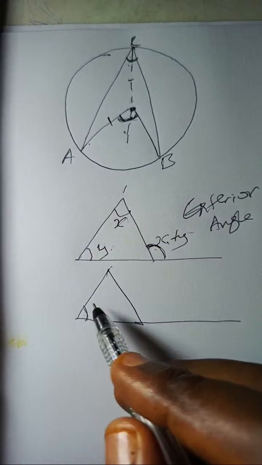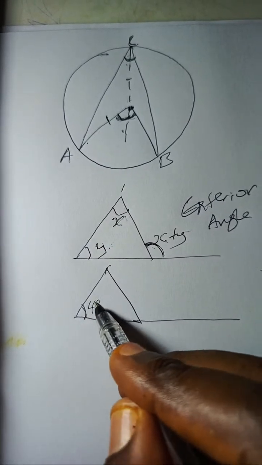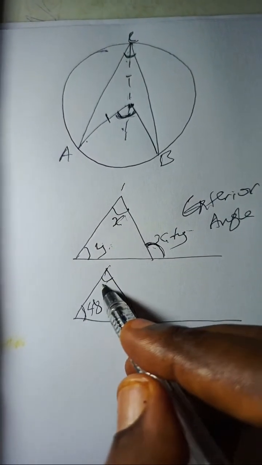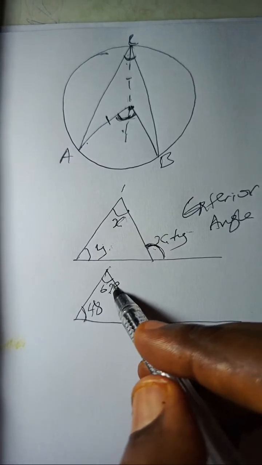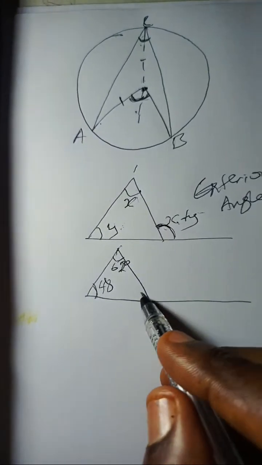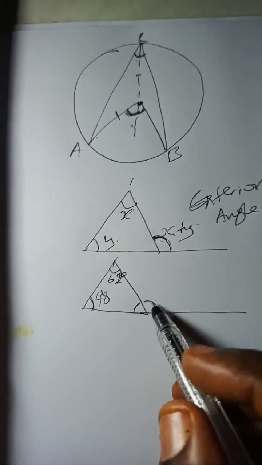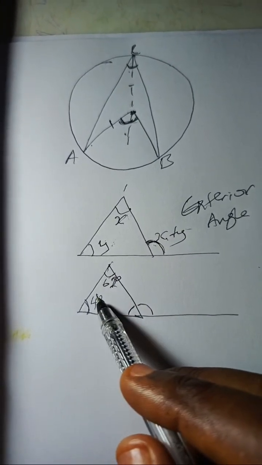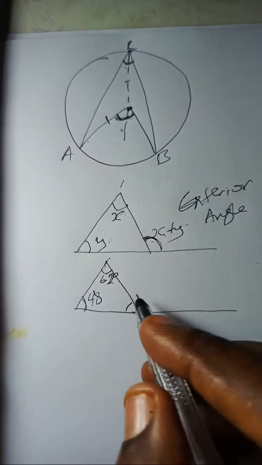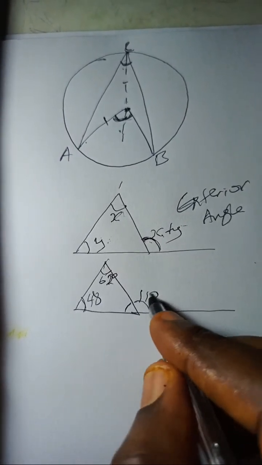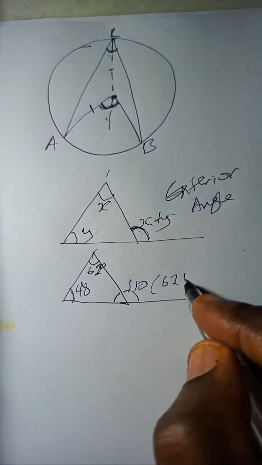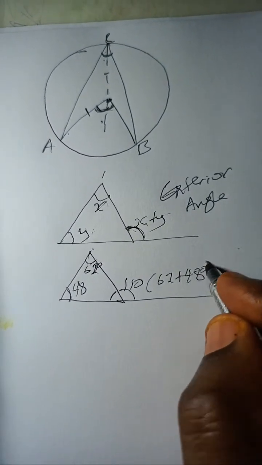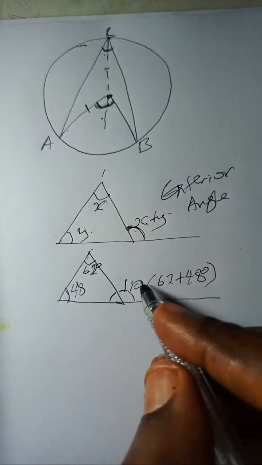For example, if you have 48 here, and here, for example, you have 62. Normally, to get this, I told you that this one is the addition of these two. So let's check it. 62 plus 48 will be 110. So that will be 110 degrees.